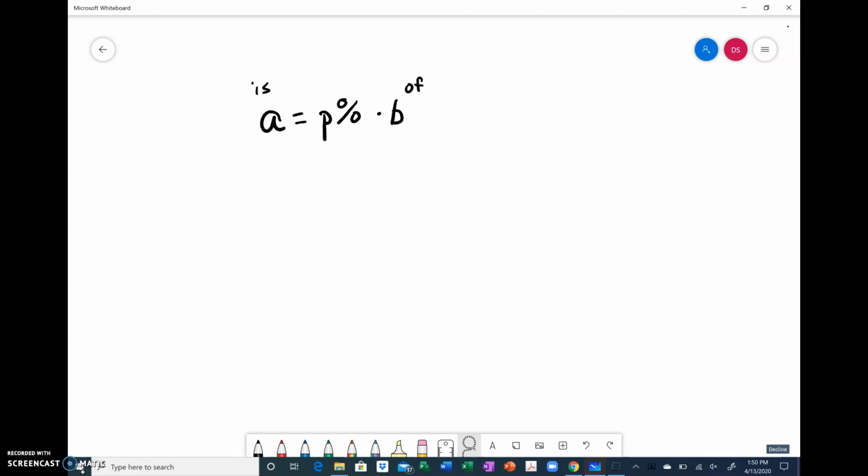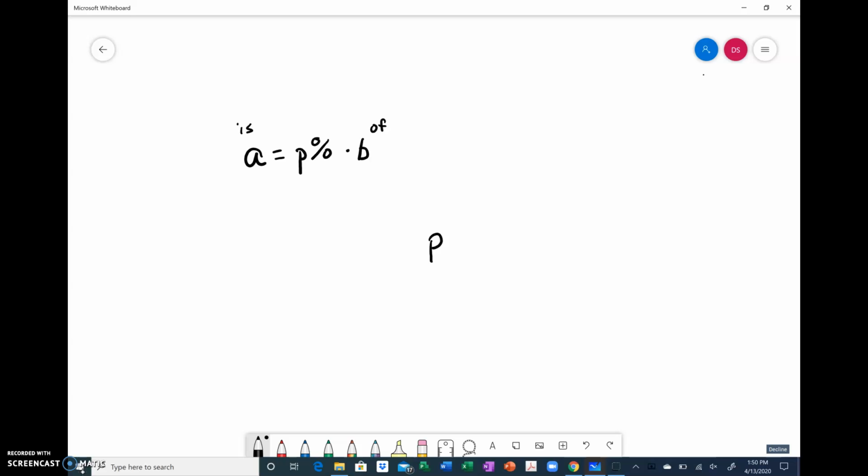Okay, let's look at number 5. It says 50 is what percent of 250? So I'm solving for P. What percent of is my key, so I'm going to say of 250, and I know that the small part is 50. So this is the equation I'm solving for, okay?